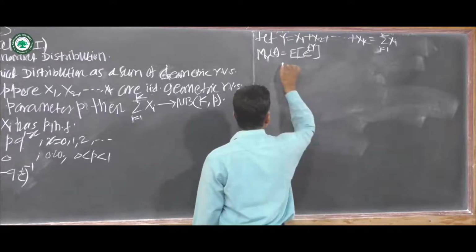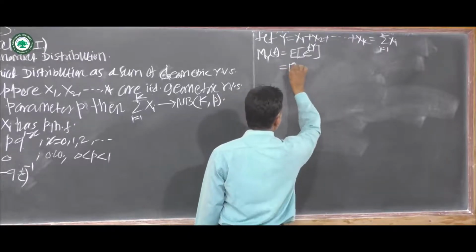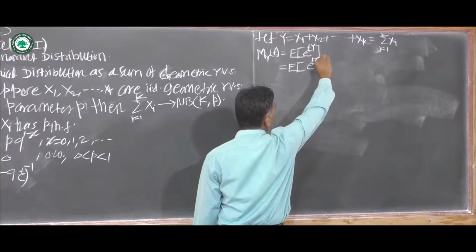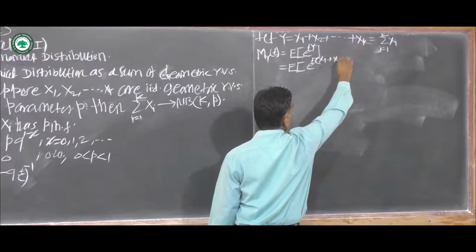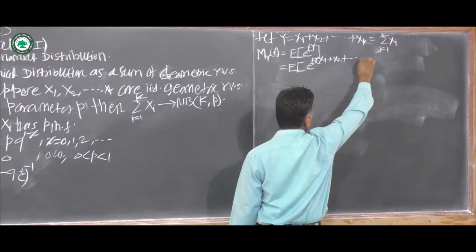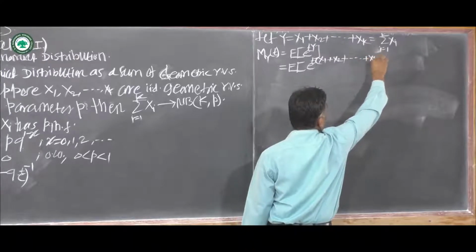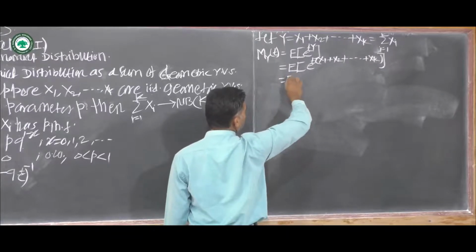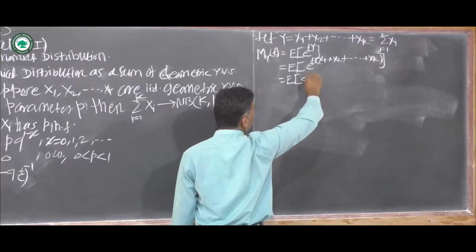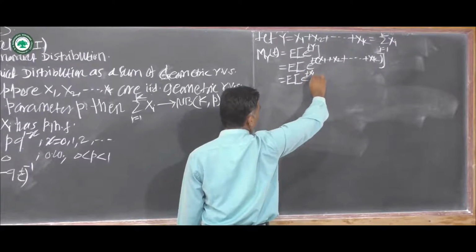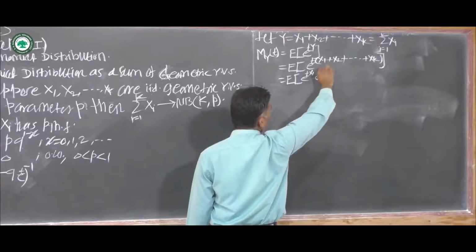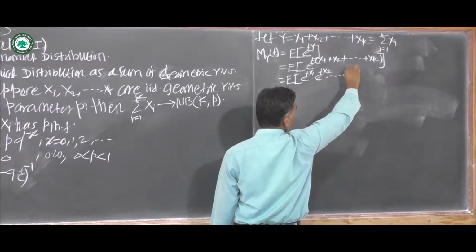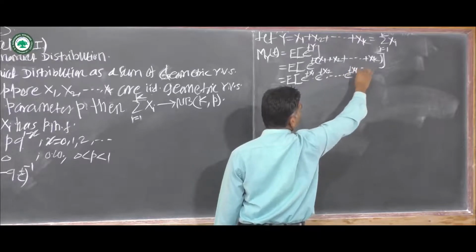Now we substitute the value of y. Expectation of e raised to t into (x1 plus x2 plus and so on plus xk). Again this can be written as the expected value of e raised to t x1 into e raised to t x2 into and so on into e raised to t xk.